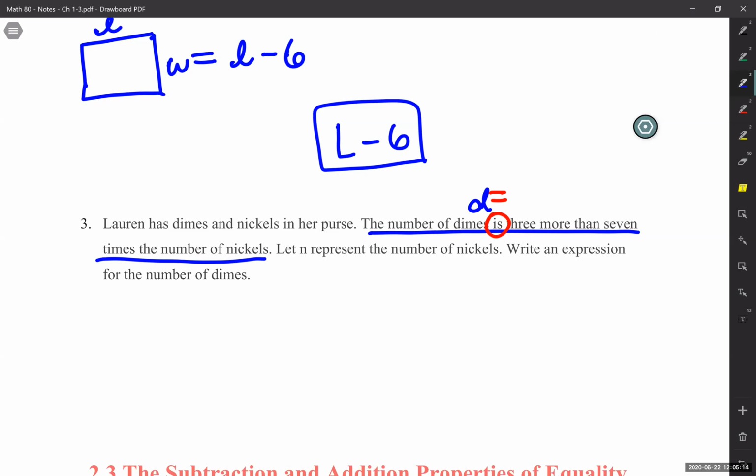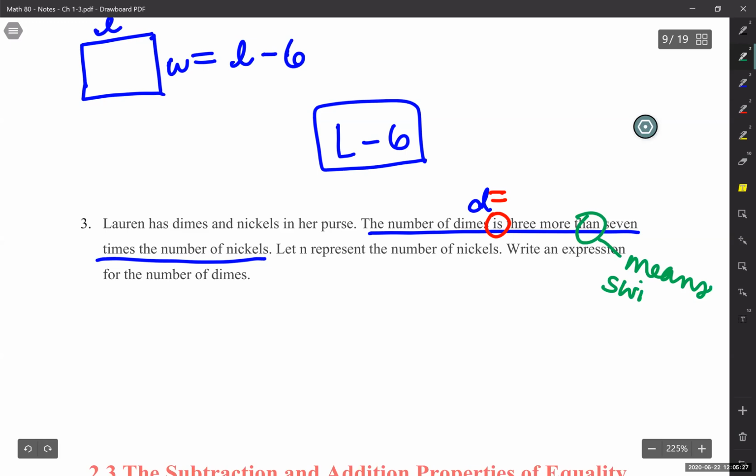3 more than 7 times the number of nickels. And again, I'm seeing that word than in the problem. So than means switch the order. I'm writing this out just in case you're still having issues with the word than.